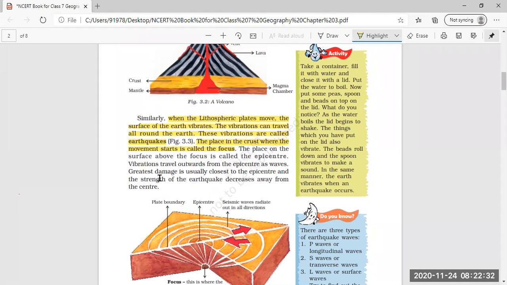And the place on the surface above the focus is called the epicenter. Now what is the epicenter? The place on the surface of the earth just above the focus.